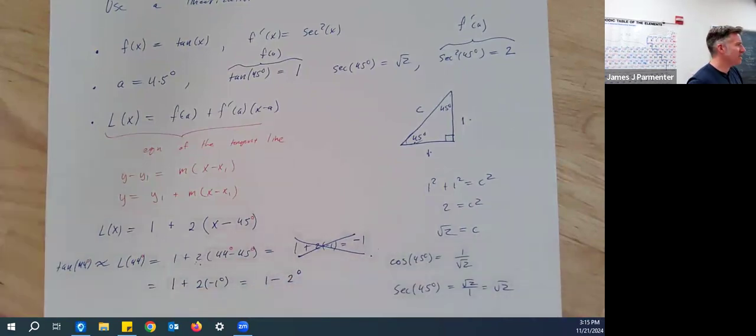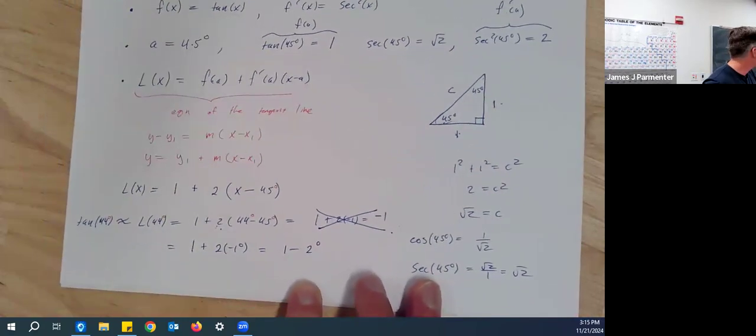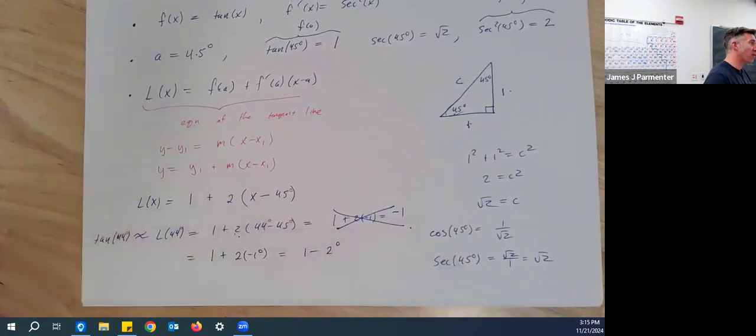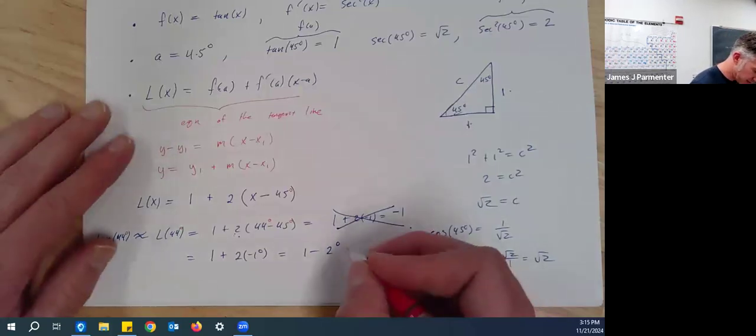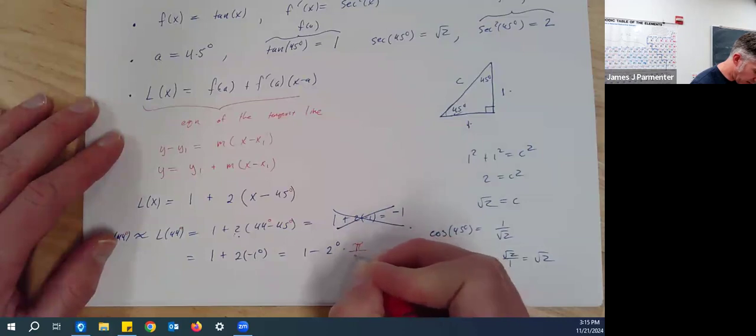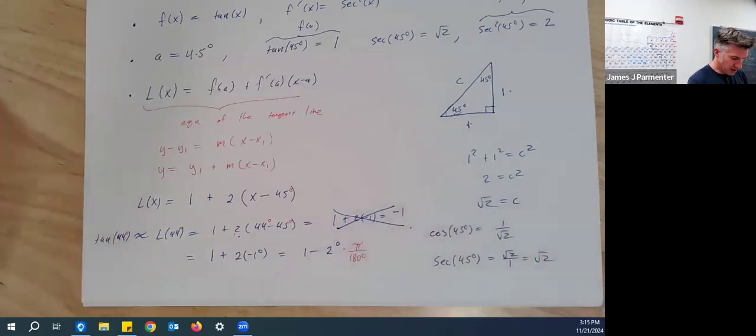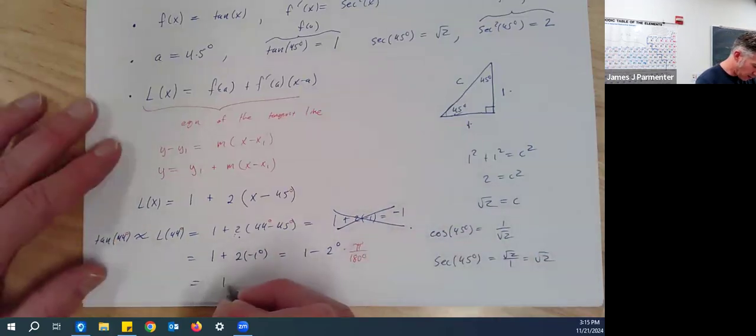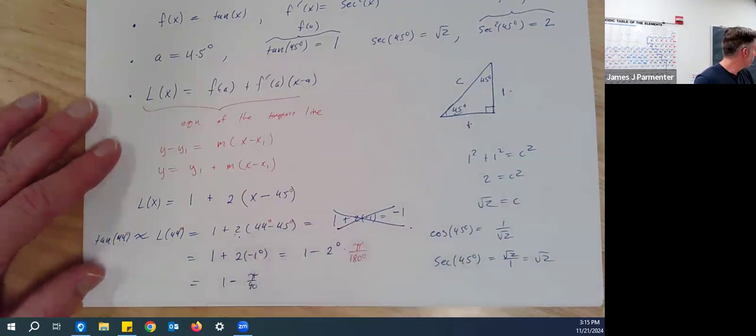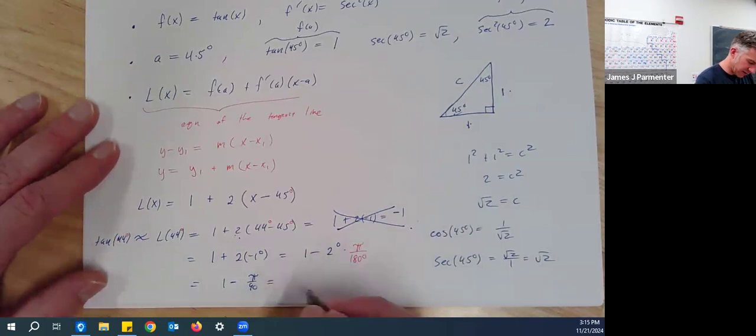But you can't subtract degree numbers from regular numbers, but you can subtract radian numbers from regular numbers. So you have to change these degrees to radians by multiplying by pi over 180 degrees. So you end up getting 1 minus 2 pi over 180, which is pi over 90. Or if you prefer, I don't really prefer, 90 minus pi all over 90.